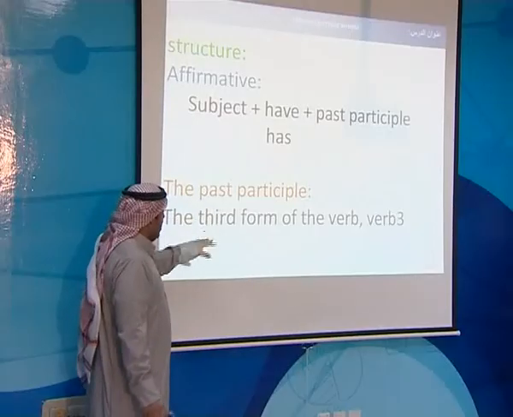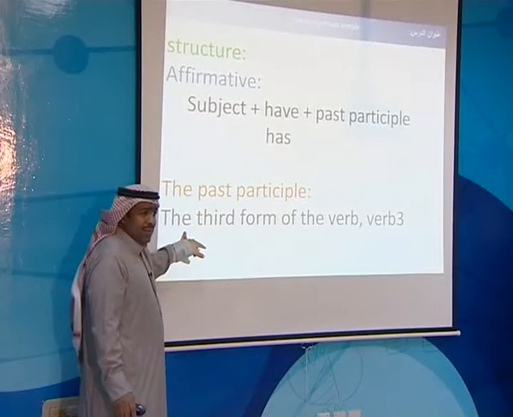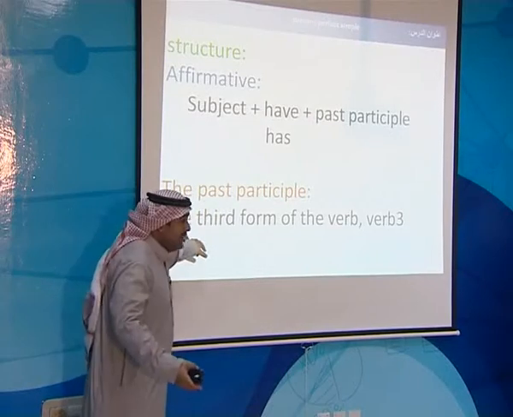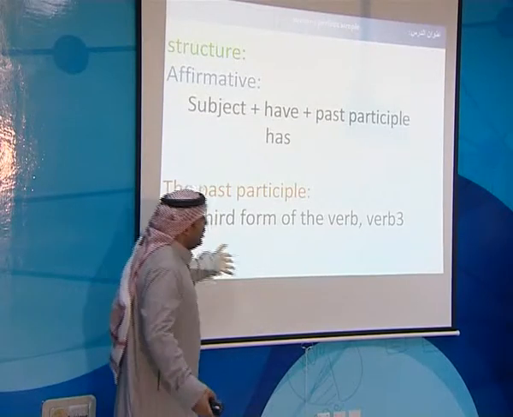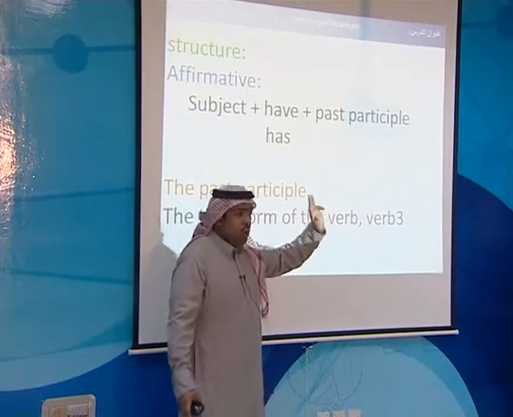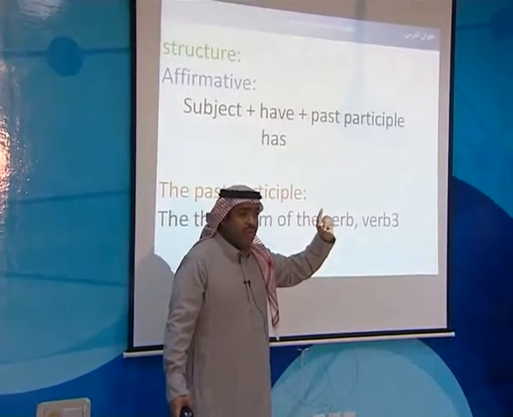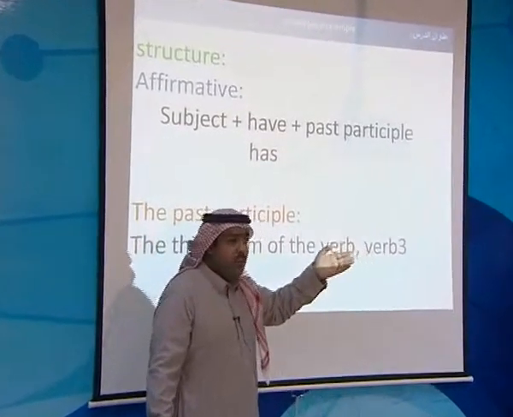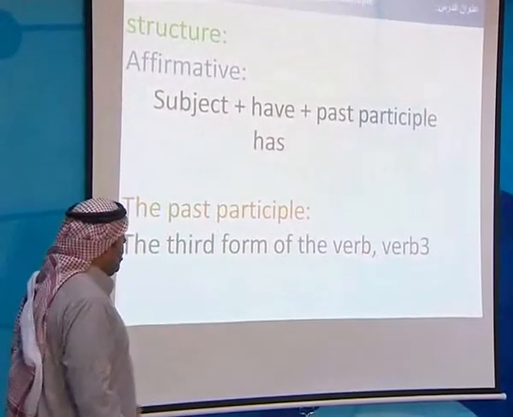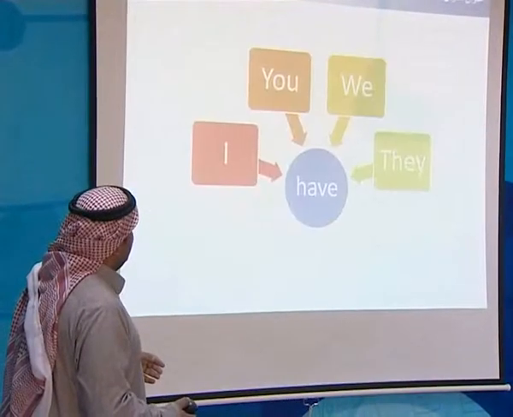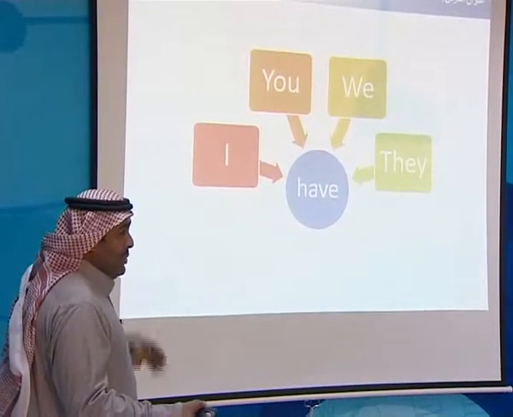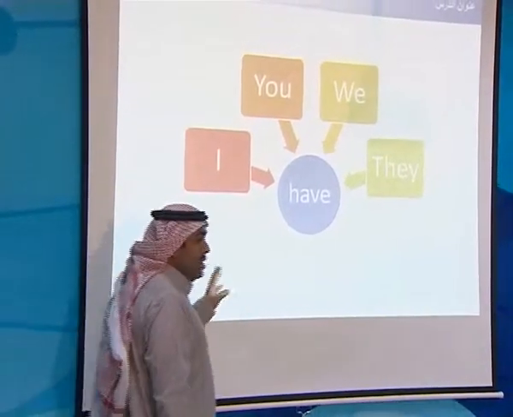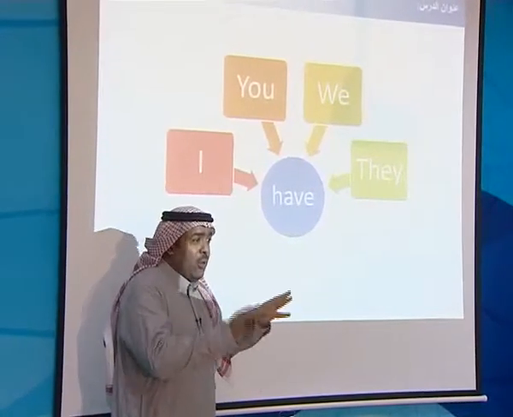What is the past participle? The past participle is what? The third form. What is it? The third form of the verb, which means verb 3. Go, went, gone. Do, did, done. This is the past participle. Okay? So, according to the subject, we decide what we choose, have or has.